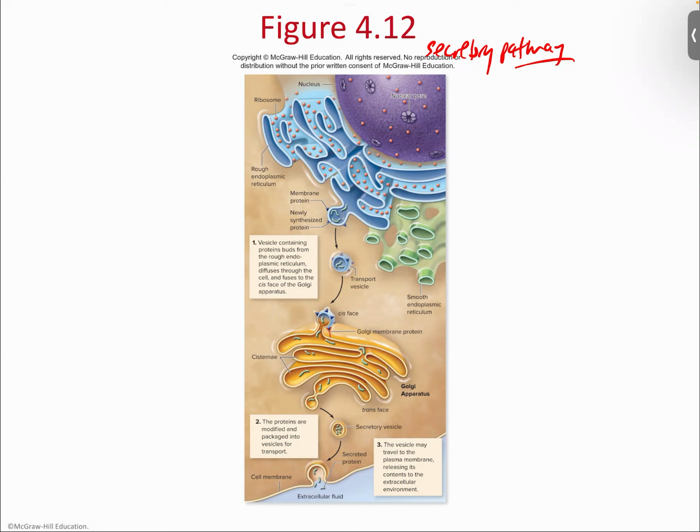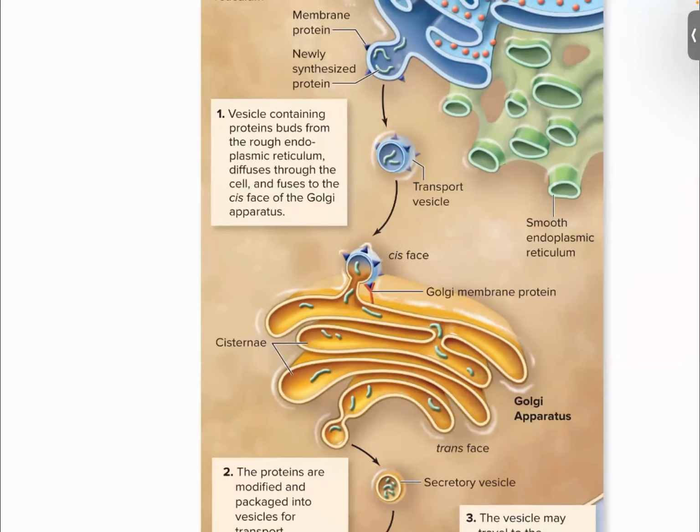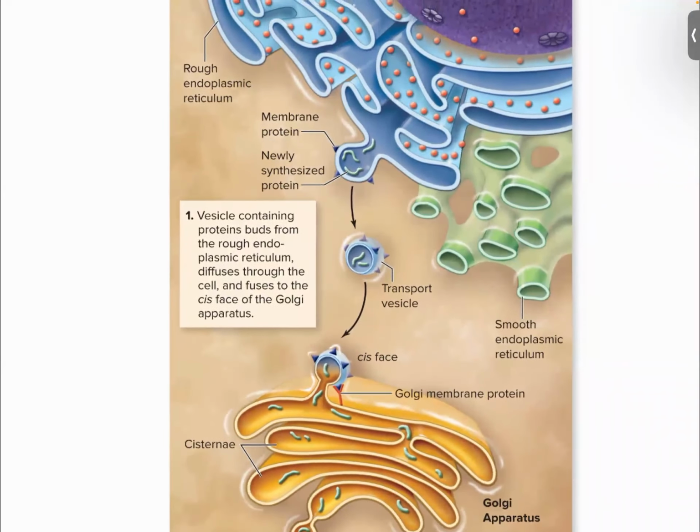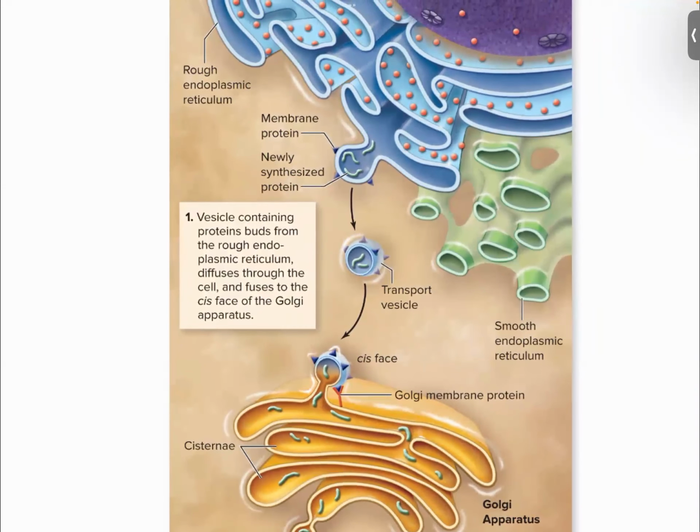But you notice also some of them are going to be membrane proteins. These little triangles represent membrane proteins that are embedded in the membrane itself, and these are going to be secreted proteins. When that vesicle pinches off, you've got a transport vesicle with crude secreted proteins.